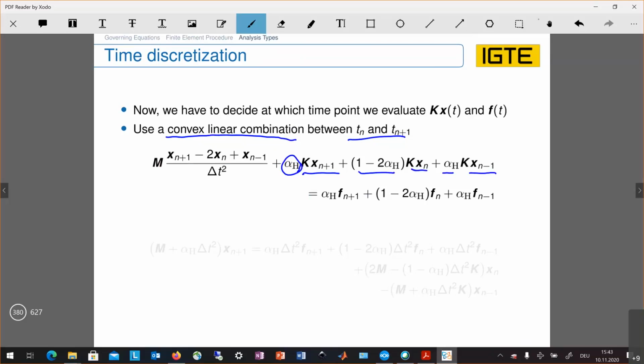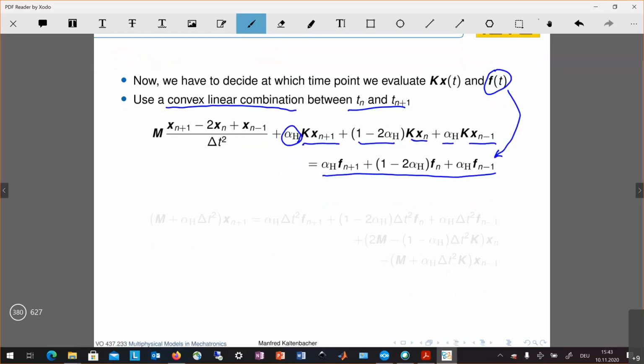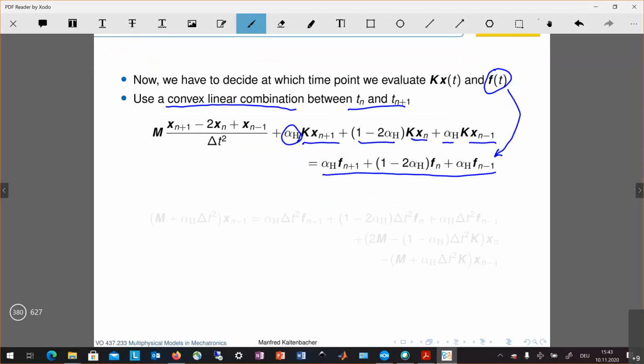And just the same procedure we also apply on the continuous right-hand side f of t to get the discrete in time right-hand side. So we have the same convex linear combination between tn plus 1 and tn minus 1.